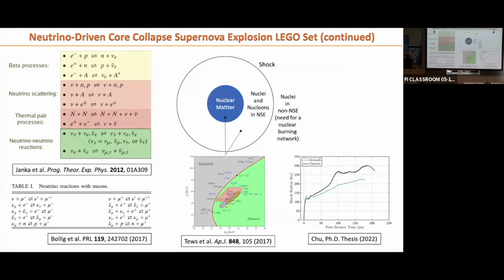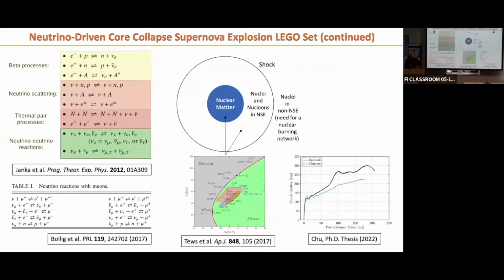If you do include a nuclear reaction network, the shock trajectory outward is much more optimistic. Because if you assume, say, one mean heavy nucleus, as was done for a long time in the past, then you only have a single nucleus to generate pressure, whereas if you have an ensemble of nuclei, you have many particles to generate pressure.